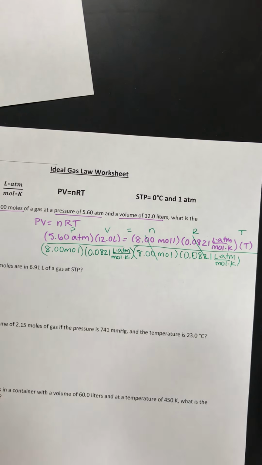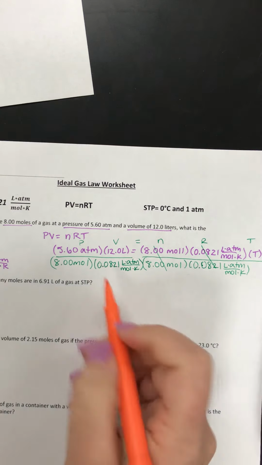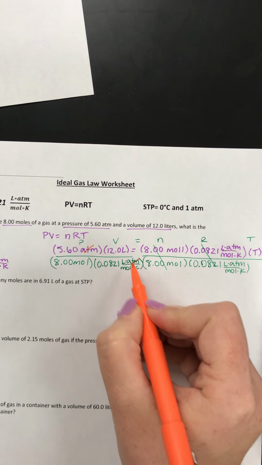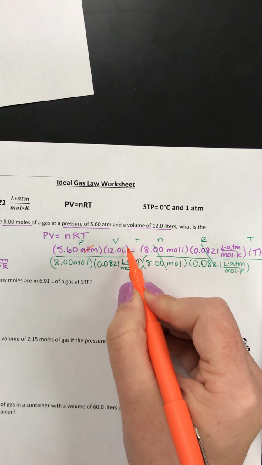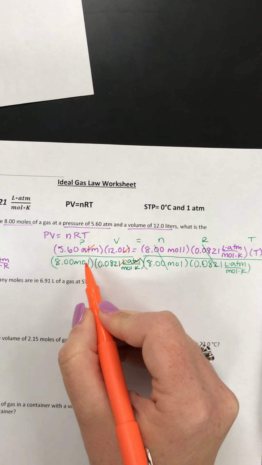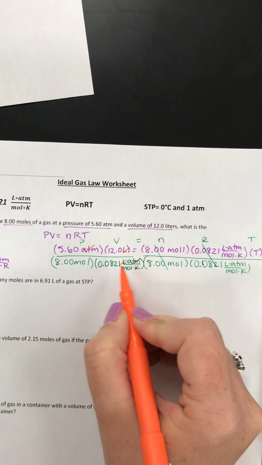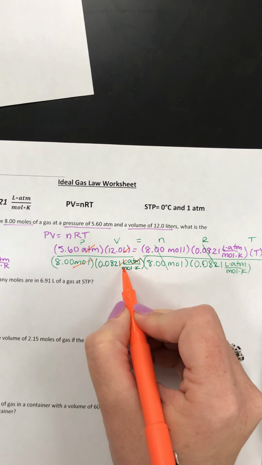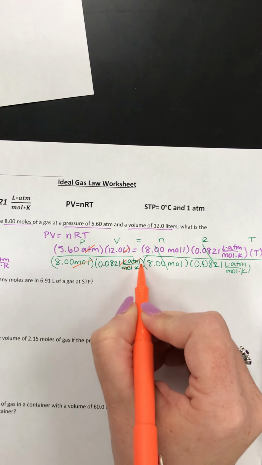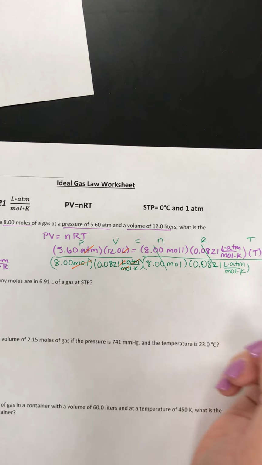So let's look at some units and see what cancels over here. So I have atmospheres on top, and then I have atmospheres here on the bottom. I have liters on top and then liters on the bottom. And then here on the bottom, since this R unit has a fraction, I have moles on top and moles on bottom underneath this fraction bar. So the only thing I'm left with here is K, which is a unit for temperature, Kelvin.